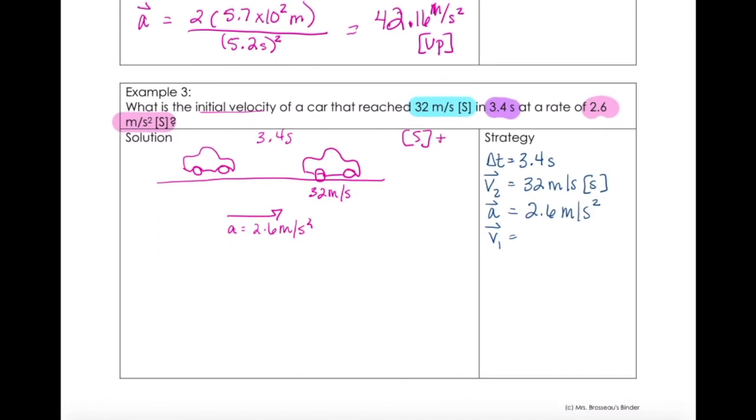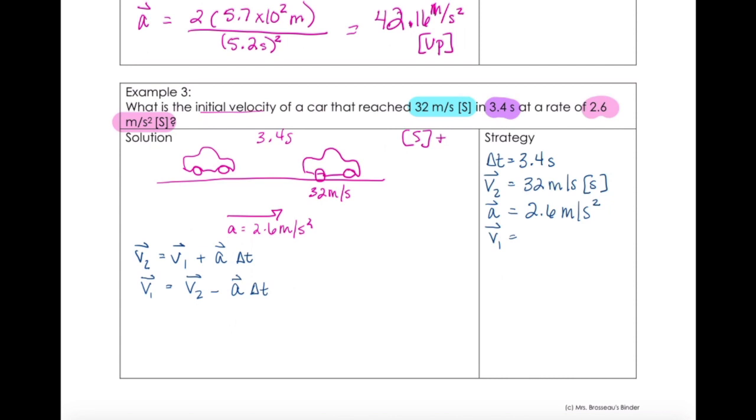Okay, so that equation is v2 equals v1 plus acceleration times time. So if we solve for v1, when you rearrange the equation, you should get v2 minus acceleration times delta t.